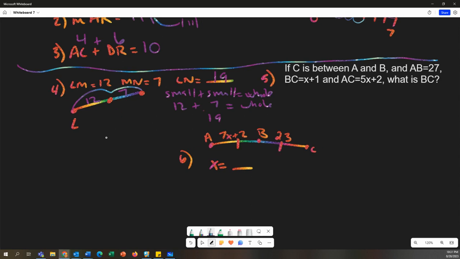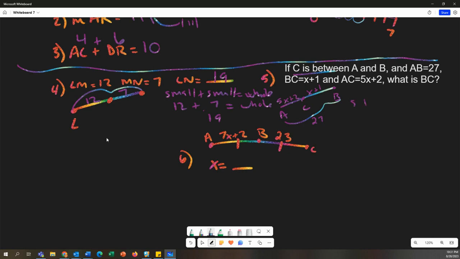All right, so for number 5, we're actually missing our line. So I'm going to draw my line. Here's A, C is between, so C has to go in the middle, and then B. I know that AC is 5x plus 2, so I'm going to label each piece here. It says BC is x plus 1, and then AB, so the whole thing is 27.